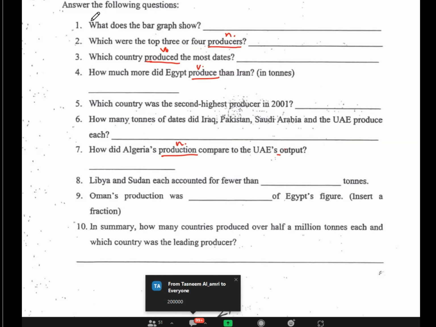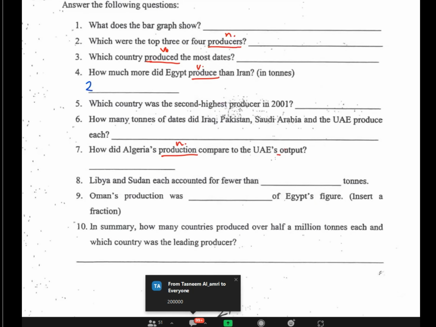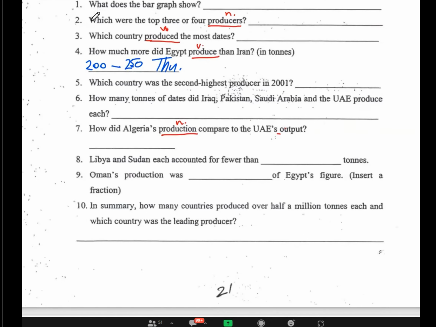Between 200 to 200,050, okay? Thousands. Which country was the second highest producer?